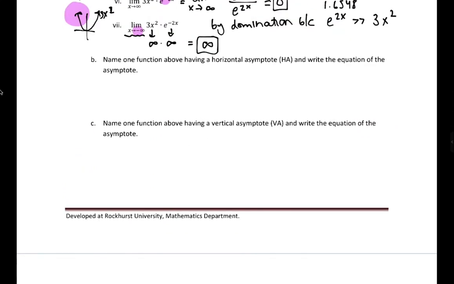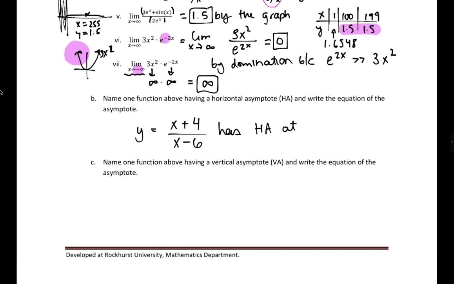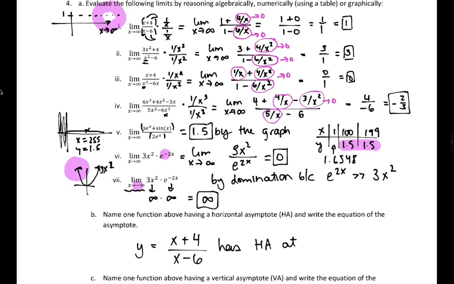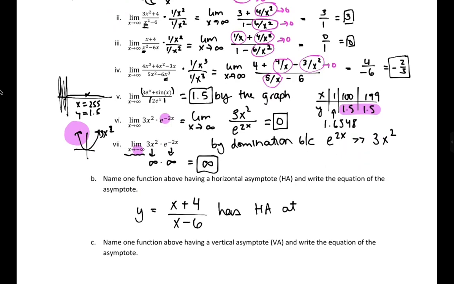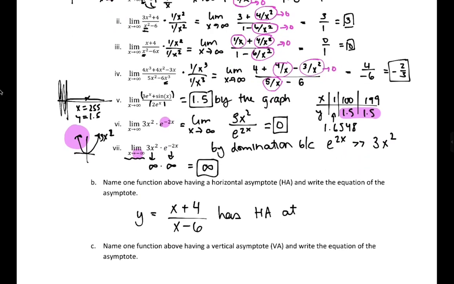So one function above that has a horizontal asymptote is the function y equals x plus 4 over x minus 6. Excuse me, let me look at the problem statement again. It has the horizontal asymptote at y equals 1 because the limit is approaching 1. Okay?